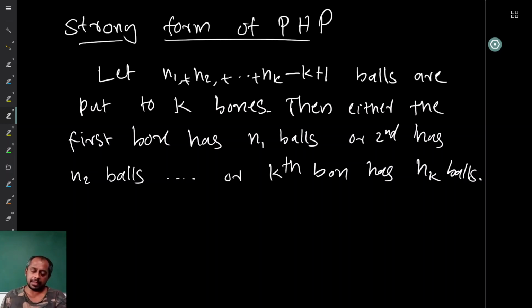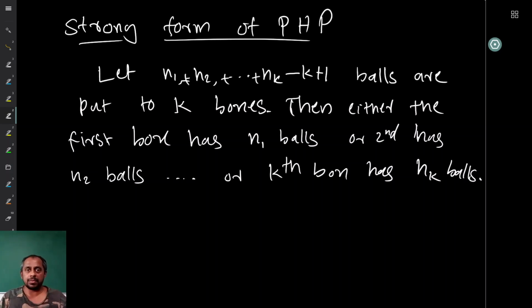These many, whatever that number is, that many balls I am going to throw into the different boxes, k boxes. Then either the first box has n1 balls, or maybe that is not the case. Then the second has n2 balls, and even if that is not the case, the third box has n3 balls, or something up to the kth box has nk balls.